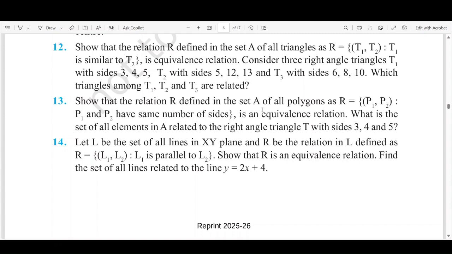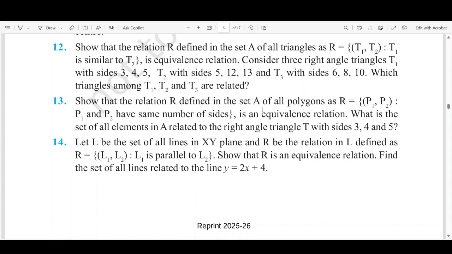Here they have given that the set A consists of all triangles and the relation R is defined such that T1 is related to T2 if T1 is similar to T2. Two triangles are said to be similar if their corresponding angles are congruent and their corresponding sides are in proportion.